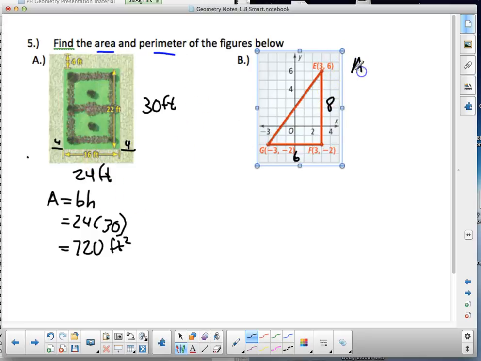And I did area of my rectangle, so I got to go back there and do perimeter. But as I do area, it's 1/2 base times height. Well, the base is 6. The height is 8. So I'm looking at an area of 24 units squared.